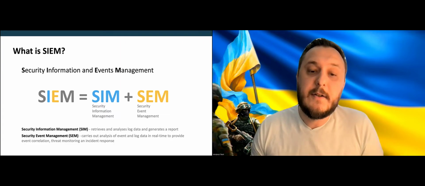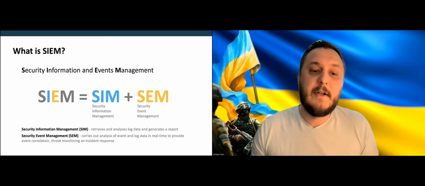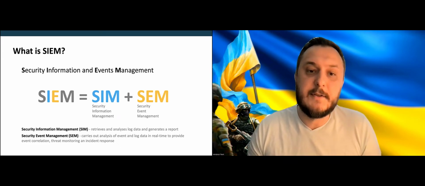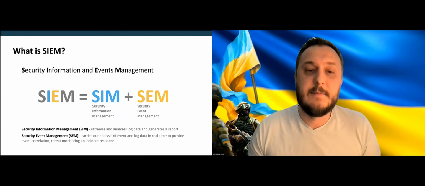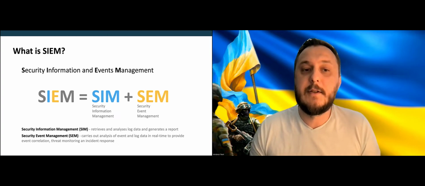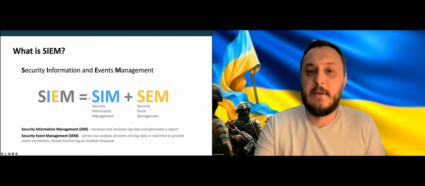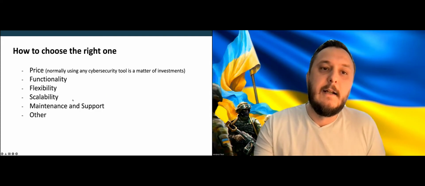And security event management systems carry out analysis of events and provide threat monitoring and incident response. Combining these two systems allows us to create a new kind of system, which is a SIEM, security information and event management.